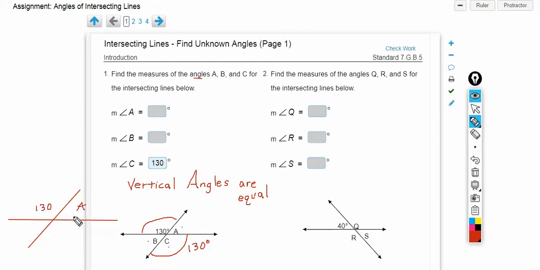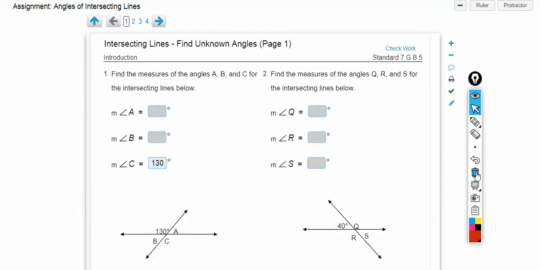Then you would put A, B, and C. So you just sketch this in your notes like this, and then add vertical angles are equal. That's a reminder. The next thing we're going to look at is a supplementary angle. I'm going to use the drawing that they've given us. I just wanted to show you how to put it in your notes.